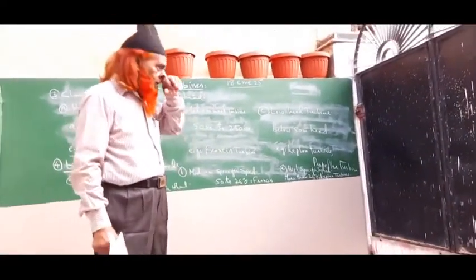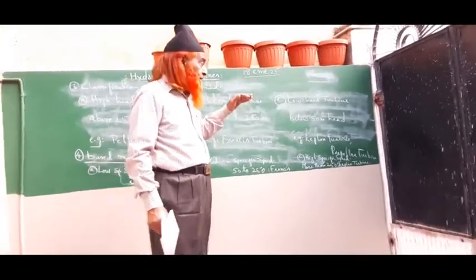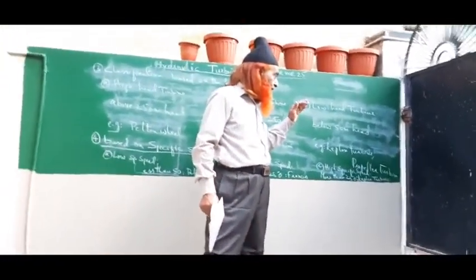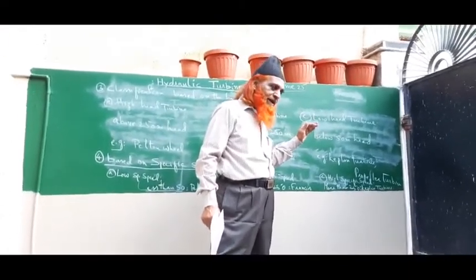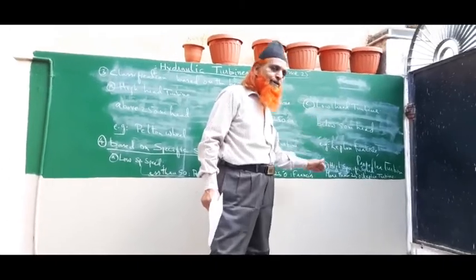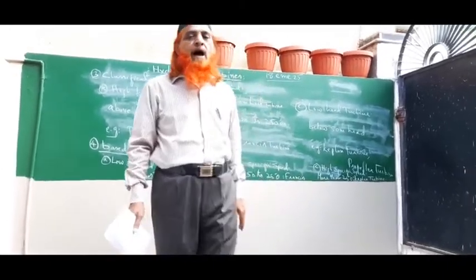Okay, whereas the Kaplan turbine is a low head turbine where the head is below 50 meter and high specific speed, that is above 250.